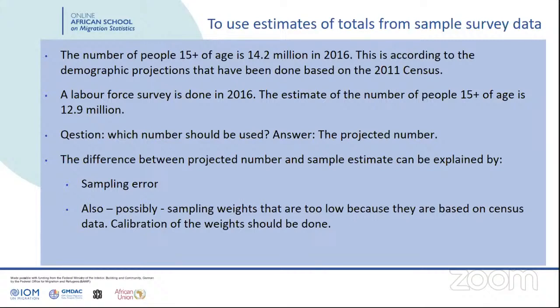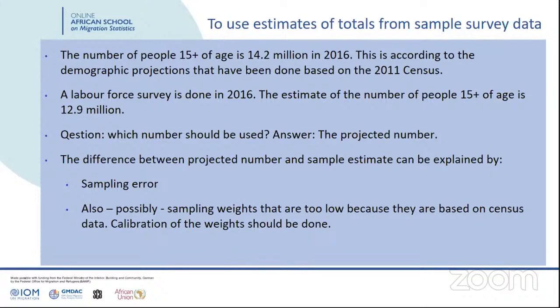And also, I have seen that when you estimate totals from sample surveys, some countries have used poor sampling weights when they blow up their data from sample level to population level.